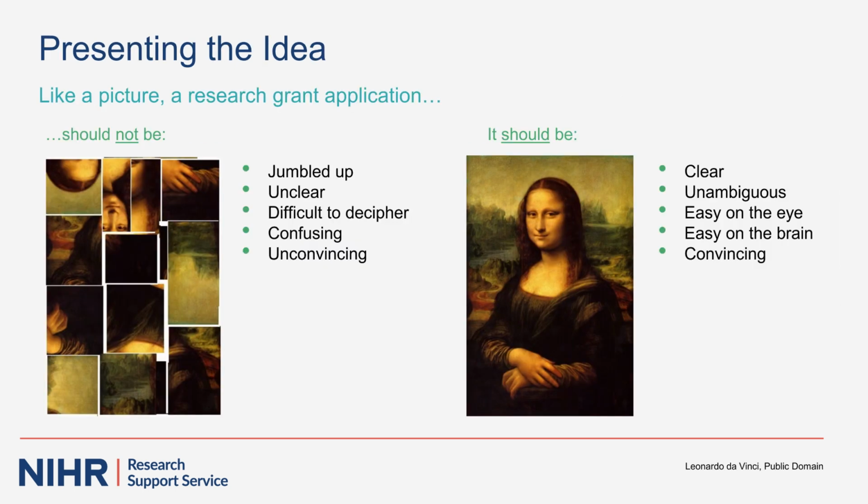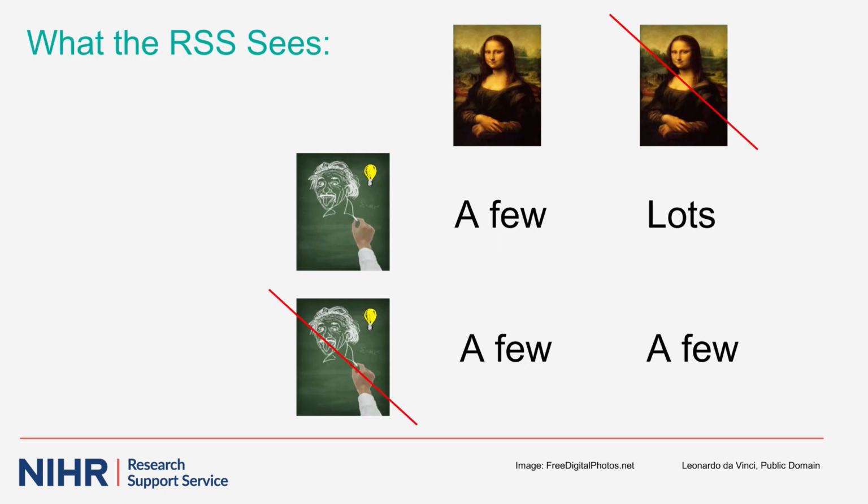So like a picture, a research grant application should not be jumbled up, unclear, difficult to decipher, confusing and unconvincing. It should be clear, unambiguous, easy on the eye, easy on the brain, and a convincing read. What we see at the Research Support Service: a few brilliant ideas, brilliantly crafted; an awful lot of brilliant ideas, perhaps not perfectly crafted, so they could actually craft them better and sort out various sections.